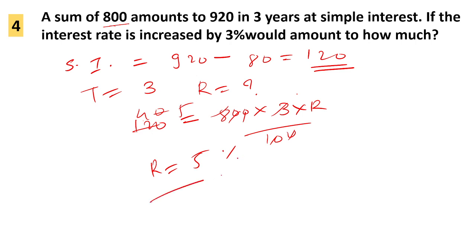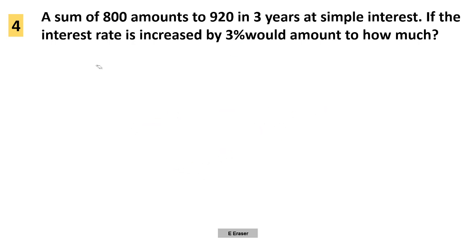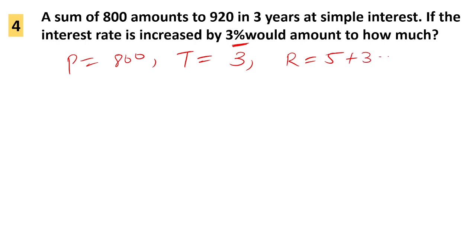Now they are mentioning that if the interest rate is increased by 3%, how much amount will we get. So first we will increase the rate. The conditions now are: P is 800, T is 3 years, and we got the rate as 5, but now they are asking to increase it by 3%, so we add 3, and the new rate is 8%.